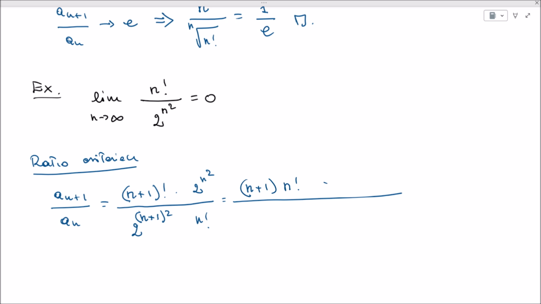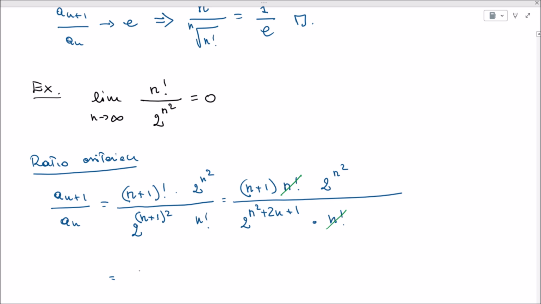And instead, at the denominator, we can write this as 2 to the n squared plus 2n plus 1 times n factorial. First of all, we can immediately get rid of the n factorial. But we see that we can also simplify the terms 2 to the n squared.